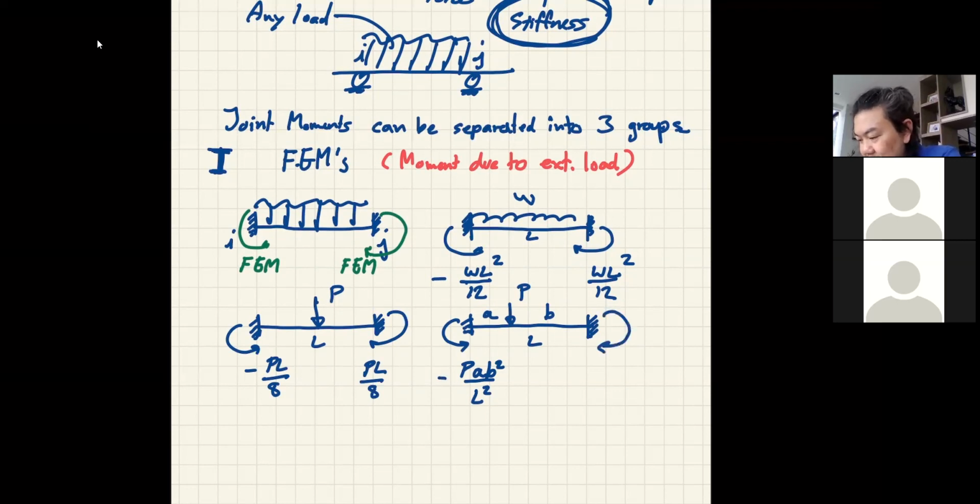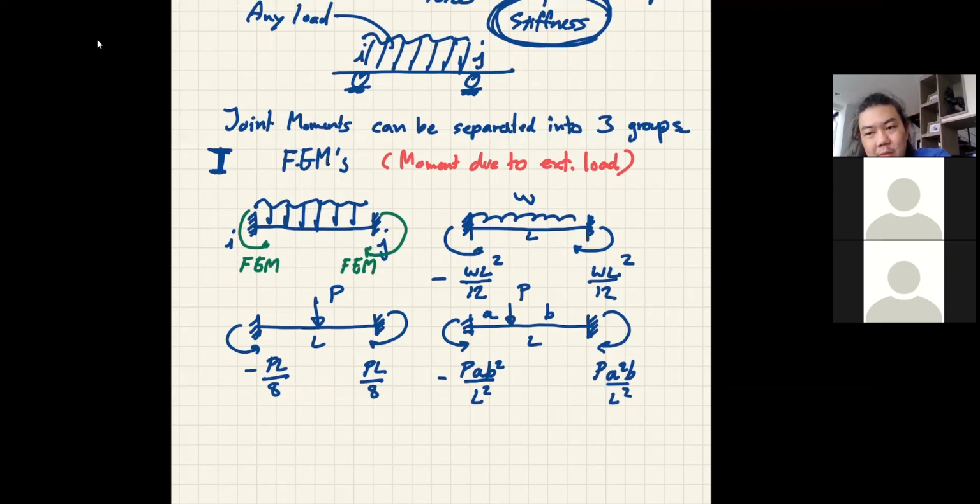And you can guess that for this one, it's going to be P A squared B over L squared. Okay, so we can have more. We can have the non-uniform distributed load. We can have maybe the uniform load that doesn't cover the entire span.